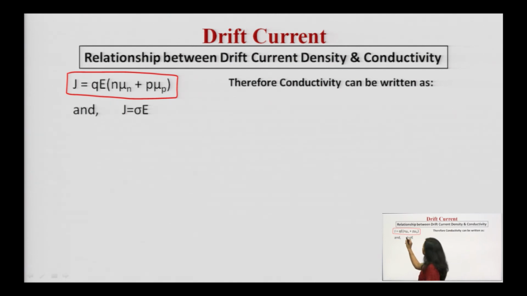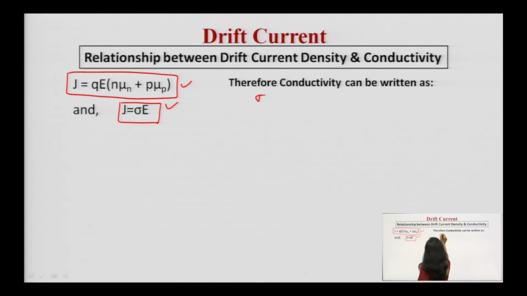At the same time, you know that J is sigma into E. We have discussed just before how to derive it by substituting the value of resistance into the equation taken from Ohm's law, and then rearranging the terms. So if you compare this equation and this equation, you can observe what the conductivity is.